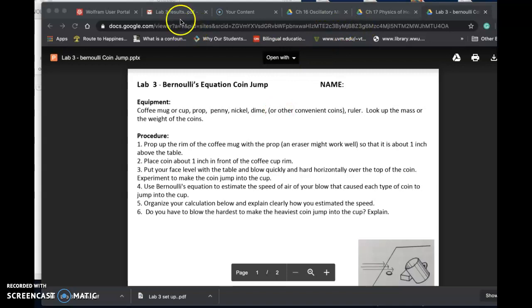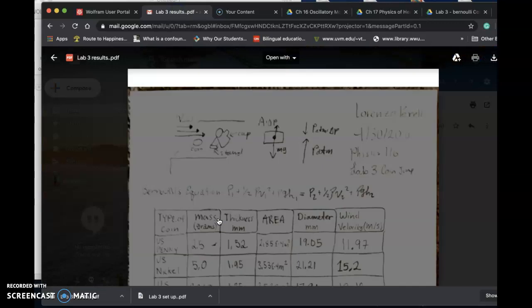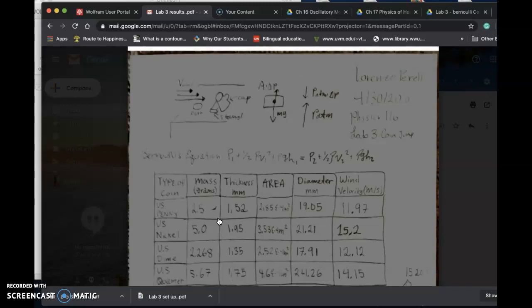So to start with, Bernoulli's equation states that the first pressure plus 1/2 rho velocity 1 squared plus rho, sorry, the secondary P is rho, gravity times height 1 is equal to pressure 2 plus 1/2 rho V2 squared plus rho G H2.